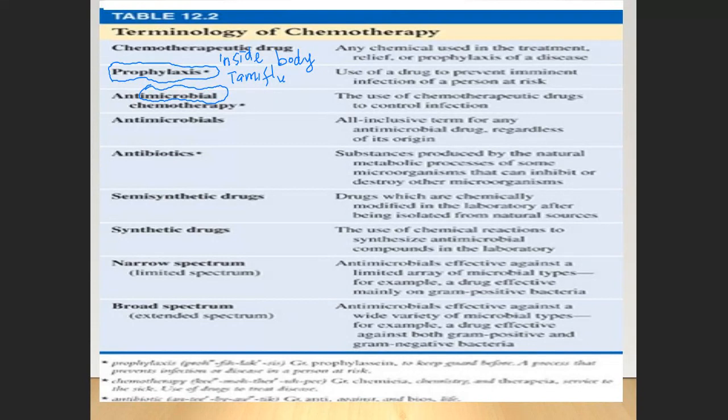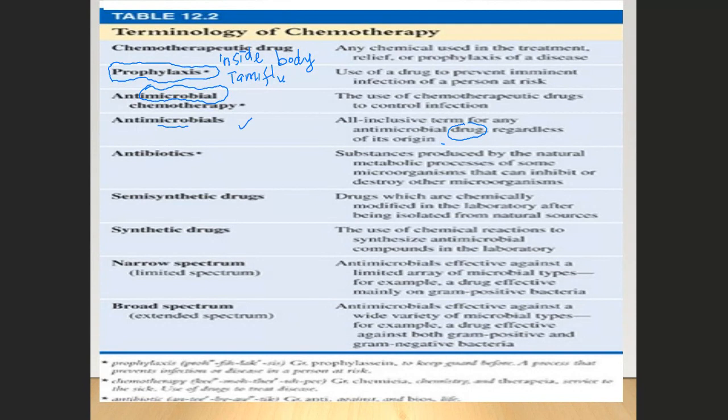And then over here we have antimicrobials again, which is the inclusive term for any antimicrobial drugs, regardless of the origin. So we use this as a general term for any drug that we take when we have the disease.